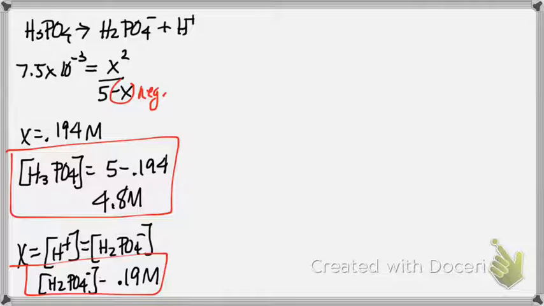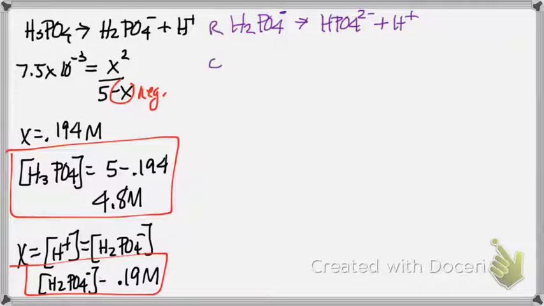All right, so now we'll do the next dissociation. We'll do it in purple. So we have H2PO4 minus. It's going to lose another H and go to HPO4 2 minus plus H plus. So this one we should do a RICE table for, so we can keep up with it.